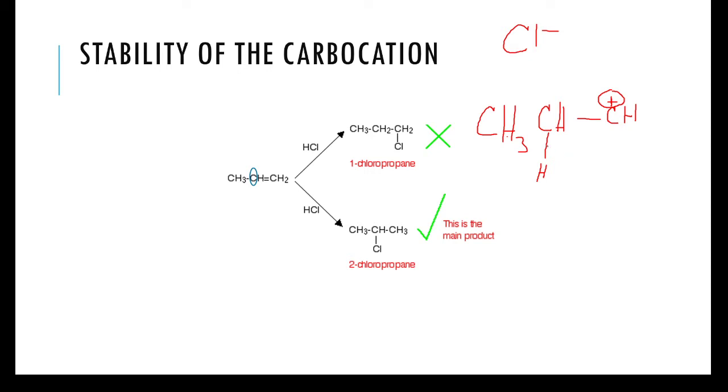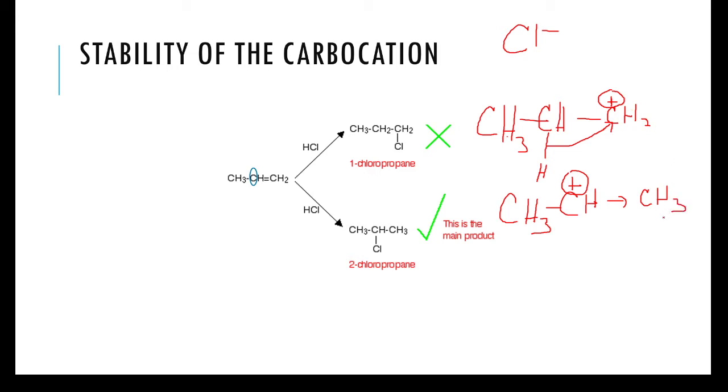This hydrogen would actually move right over here so that we couldn't get this non-stable carbocation, and we would end up with the more stable carbocation here. Even if somehow that happened, we'd get that hydride shift. This should have been 2 here.